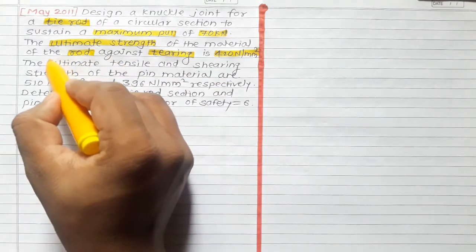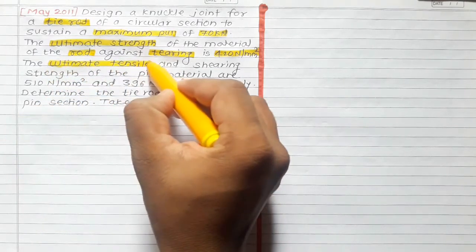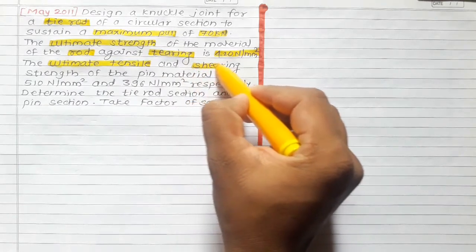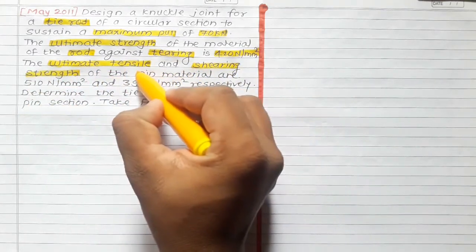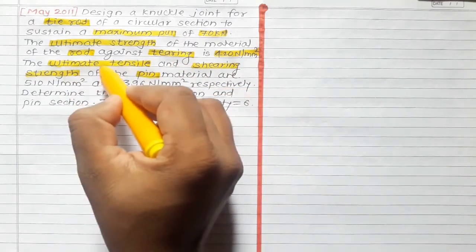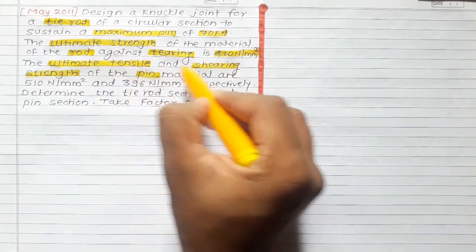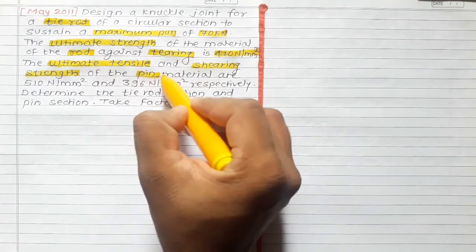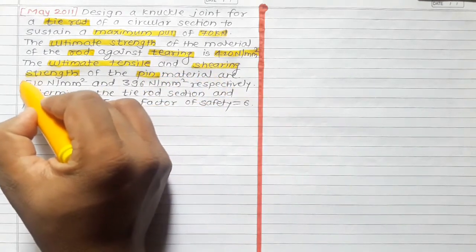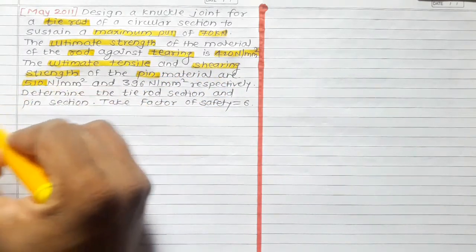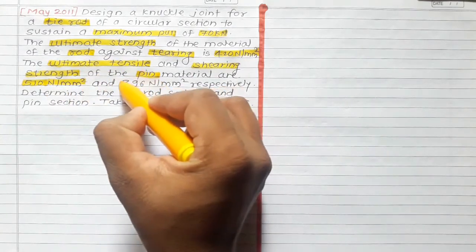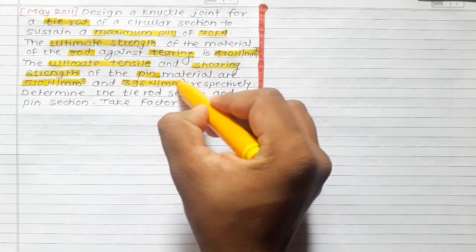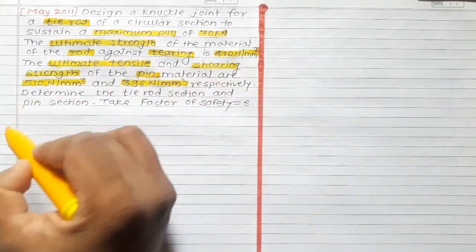Now next is ultimate tensile and ultimate shearing strength of the pin material. This next property, that is ultimate tensile strength and ultimate shear strength for the pin material, is given, and its values are 510 Newton per mm square and 396 Newton per mm square respectively.